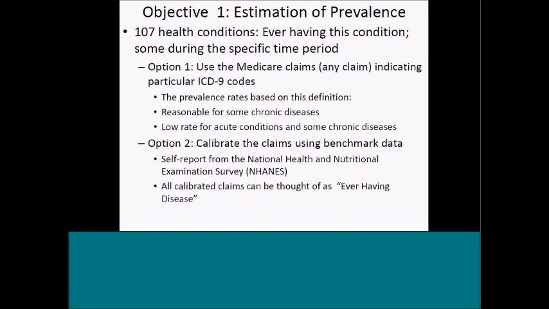So we decided that we need to correct for this potential underestimation of the disease dummies based on just a claim for some of these conditions. Otherwise, I think we'll get a very inaccurate picture of the prevalence rates as well as an inaccurate picture of the attribution of the cost.